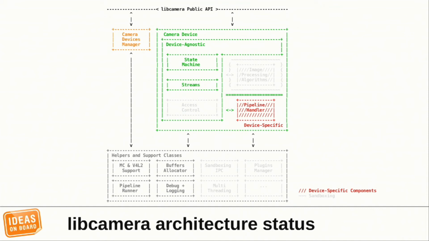Multi-threading is about to be posted. And of course, we've actually got several pipeline handlers implemented already. We have not yet started working on the processing algorithms. That's coming up in the next milestone, I think. And we've actually got some people who are going to help us with our first 3A algorithm, which we hope to be open source, which will be open source.